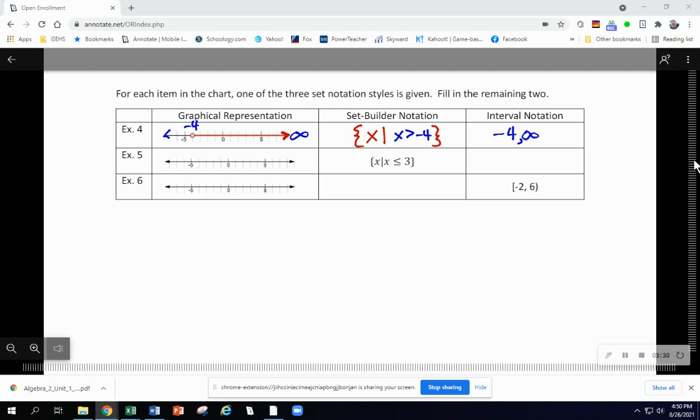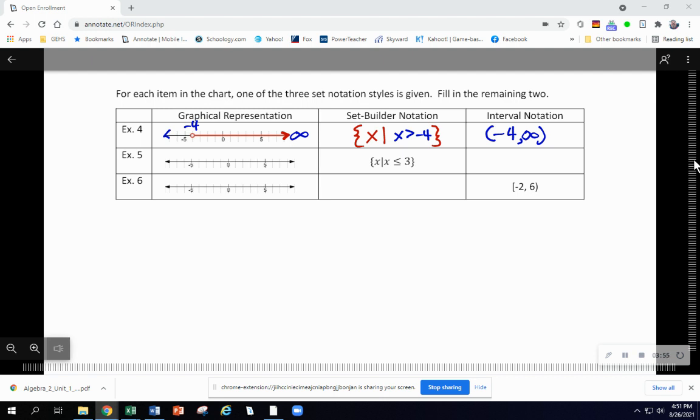Since we have an open dot here on the left, you do not include it, which is the round version of the parenthesis. And the infinity on the other side is always round, it's always round with infinity and negative infinity. That's interval notation.